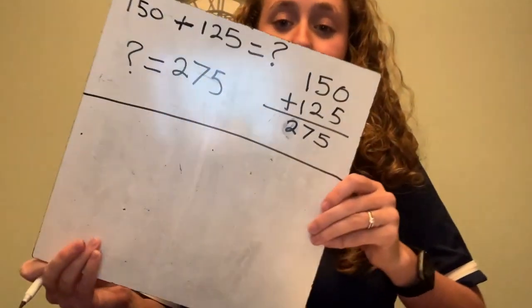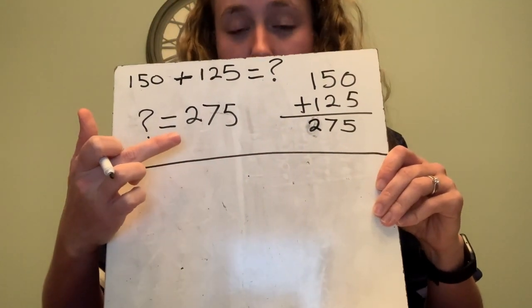Add carefully. My unknown is 275. Don't forget our label. 275 monkeys?